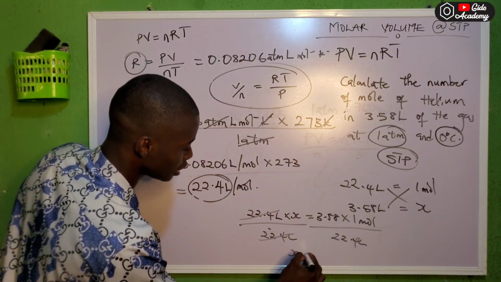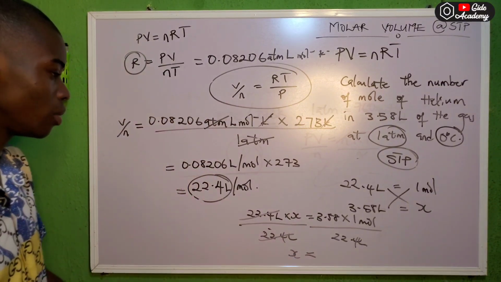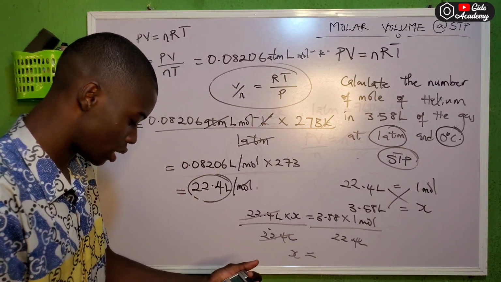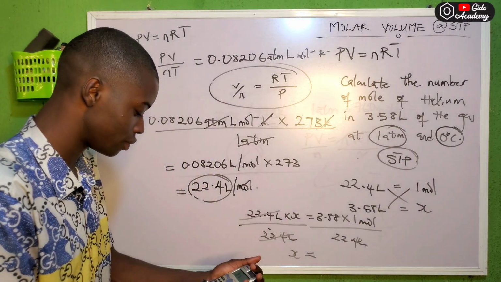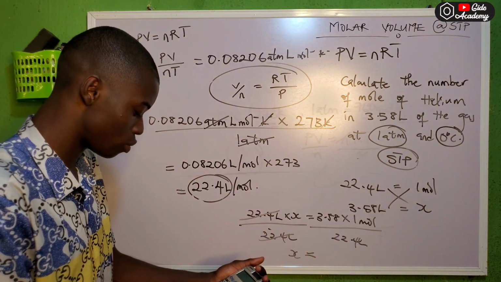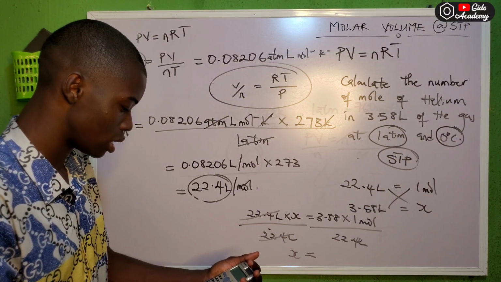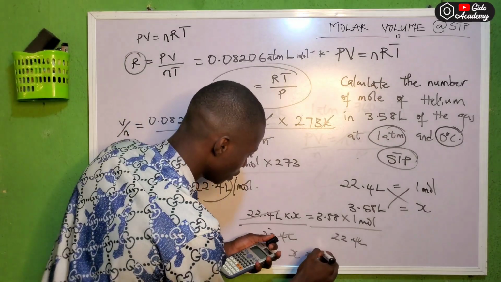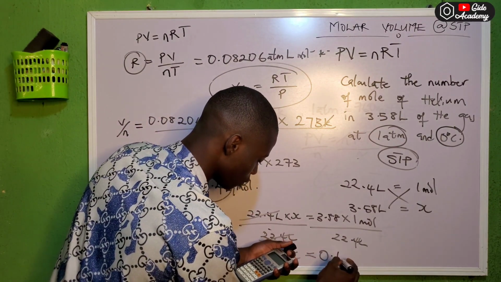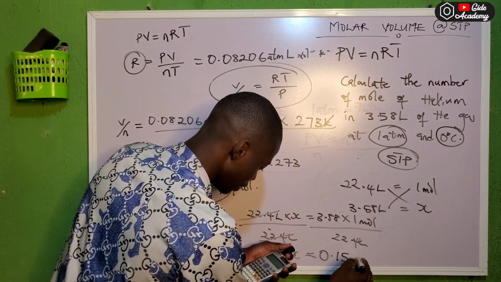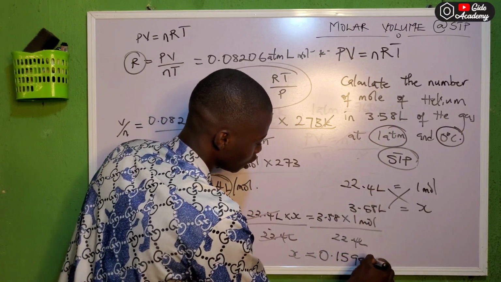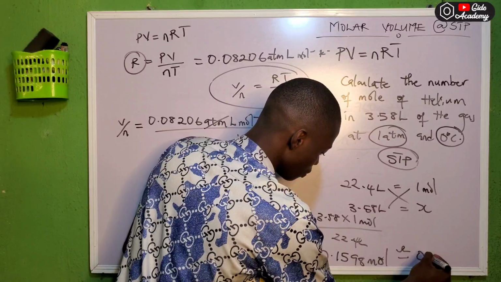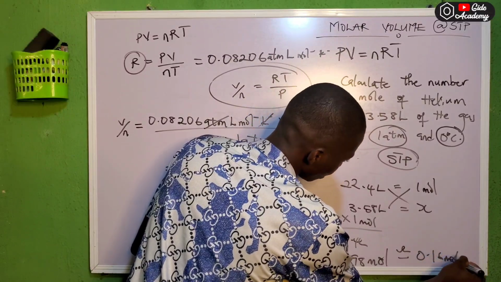Then S is equal to 3.58 divided by 22.4. Our answer will be 0.1598 mole, which can also be written as approximately 0.16 mole. So that would be our answer.